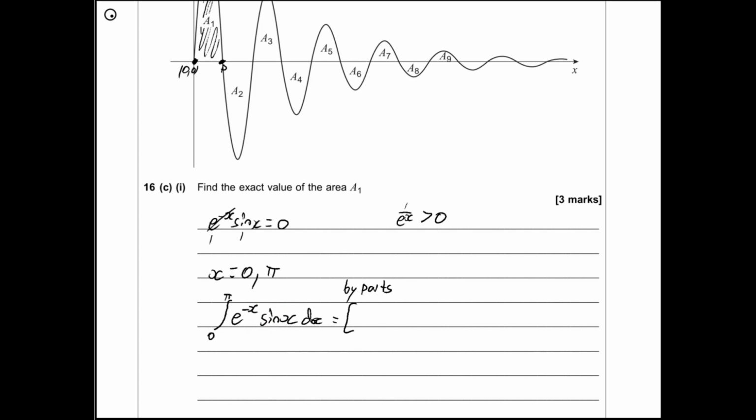Doing that by substitution is not going to be great. So let's do it by parts. Obviously, remember your acronym LATE. I cannot spell it. LATE. So we've got logs, algebra, trig, exponentials.